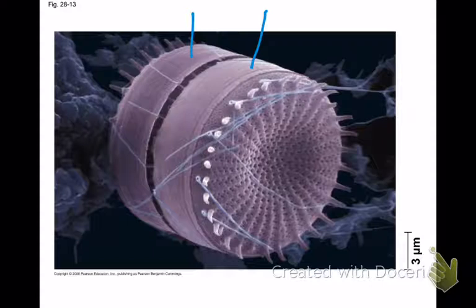And dinoflagellates move by the use of flagella, which you can see coming out between the two halves of the shell. And dinoflagellates are photosynthetic organisms and are responsible for red tides and are a major part of the phytoplankton in marine environments.